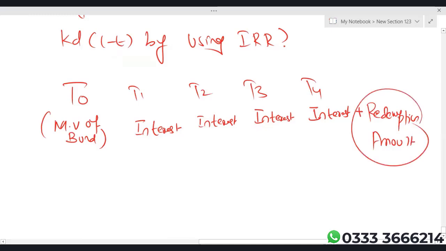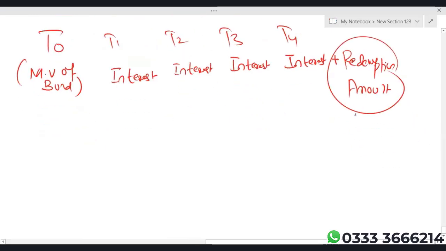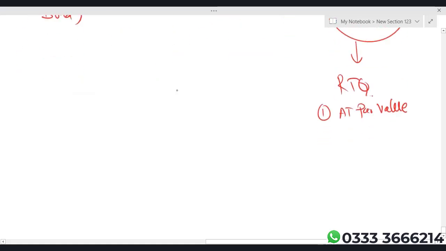And when it comes to redemption amount, we always say RTQ. Read the question carefully. Nothing is mentioned, then redemption will be at par value. And we assume 100 if nothing is given. But redemption could be at premium. If it is at premium, then obviously the examiner is going to mention that.